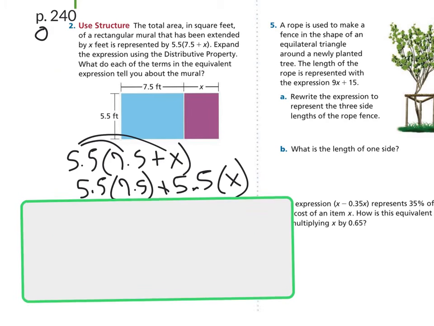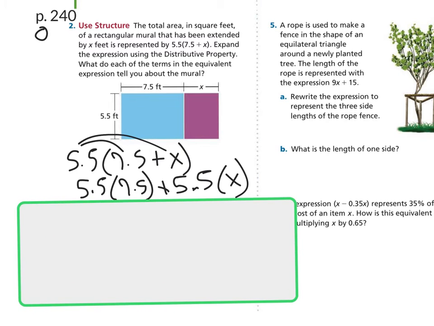And then we can multiply those. So if we multiply 5.5 times 7.5, we'll end up getting 41 and 25 hundredths. Obviously 5.5 times x would just be 5.5x.